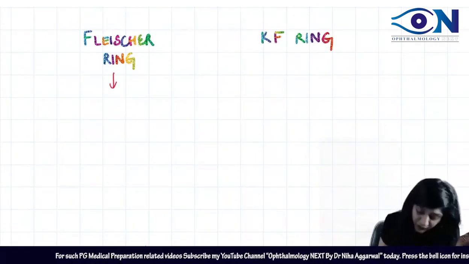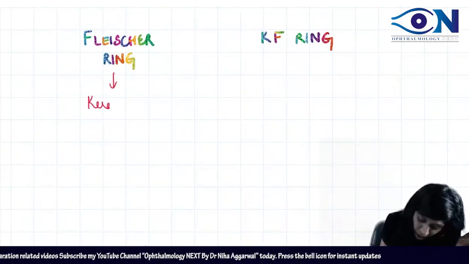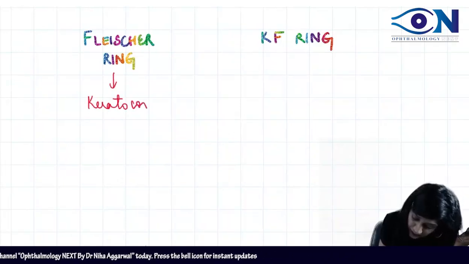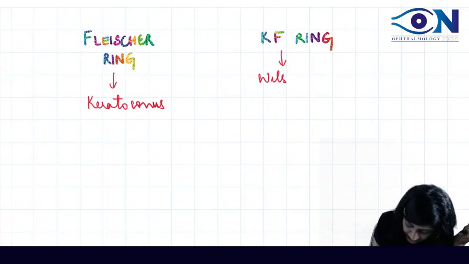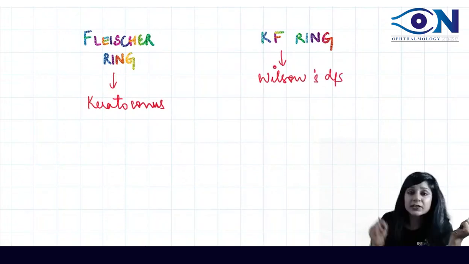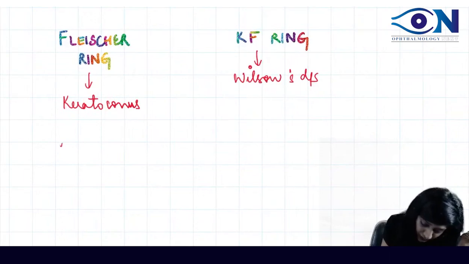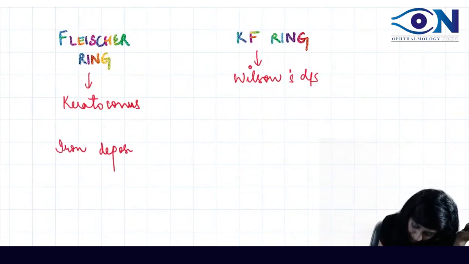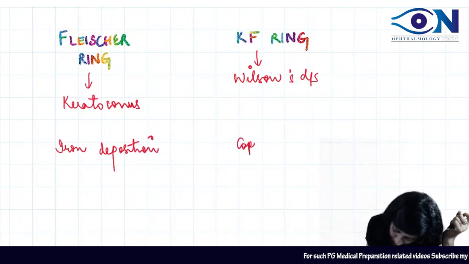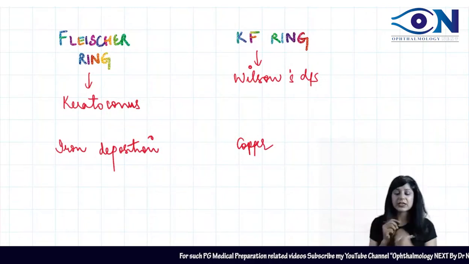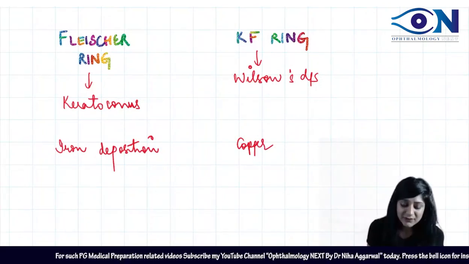Fleischer's ring is found in keratoconus, while the KF ring is found in Wilson's disease. Fleischer's ring is due to iron deposition. KF ring is due to copper deposition. These two things are very, very important.